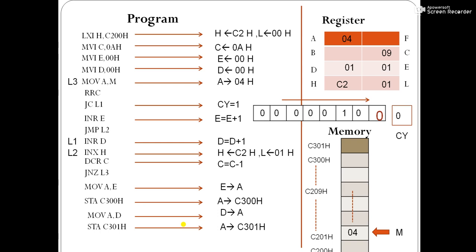This is how we can find the total count of even numbers and the total count of odd numbers. And here we stop the program. This is the end of the program.